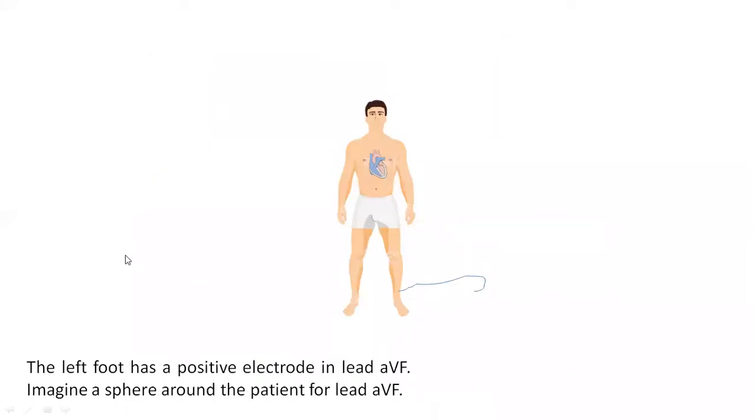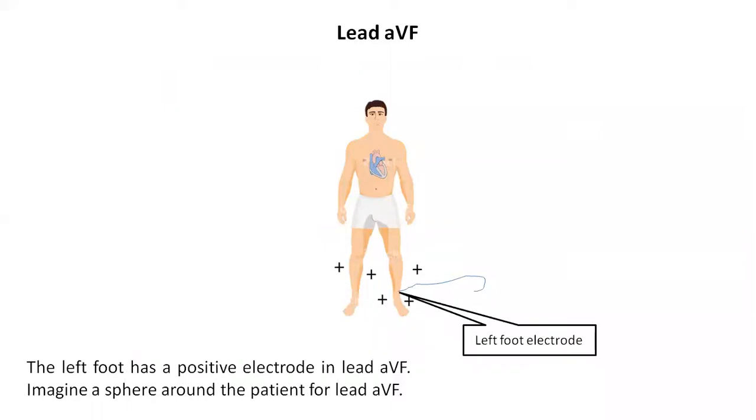Now let us see lead AVF. The left foot has the positive electrode in lead AVF. So, as in the case of lead 1, we will imagine a sphere around the patient for lead AVF. The foot is positively charged in AVF, and the head portion, the upper portion, is charged negative.